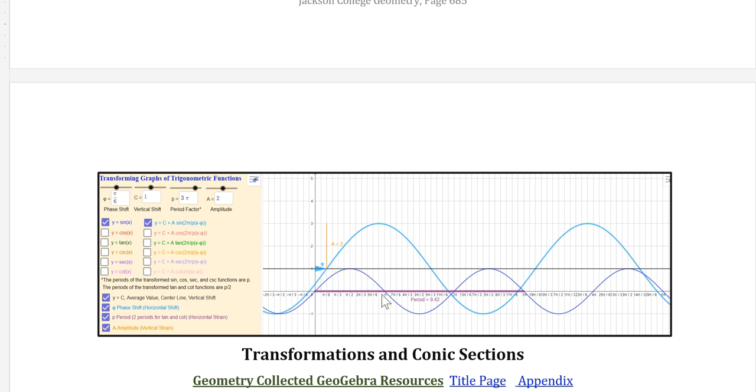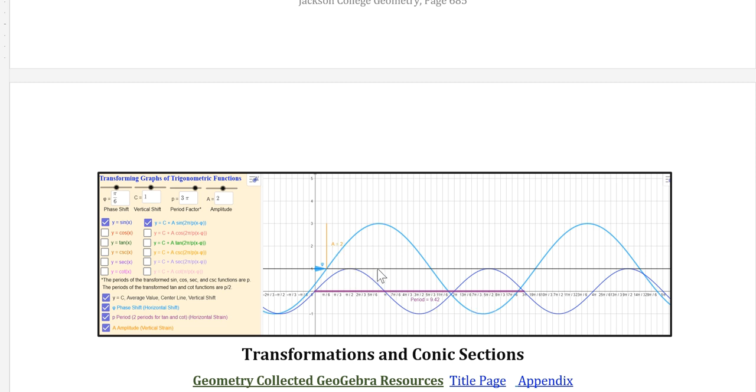So here's the basic sine graph. One period of it is 2 pi from here to here. The new period is going to be 3 pi. That goes all the way from here to here. If you look at where this one starts, when we get to here, we're back to the same place. Or if you went from maximum to the next maximum, or minimum to the next minimum, that would be a distance of 3 pi.